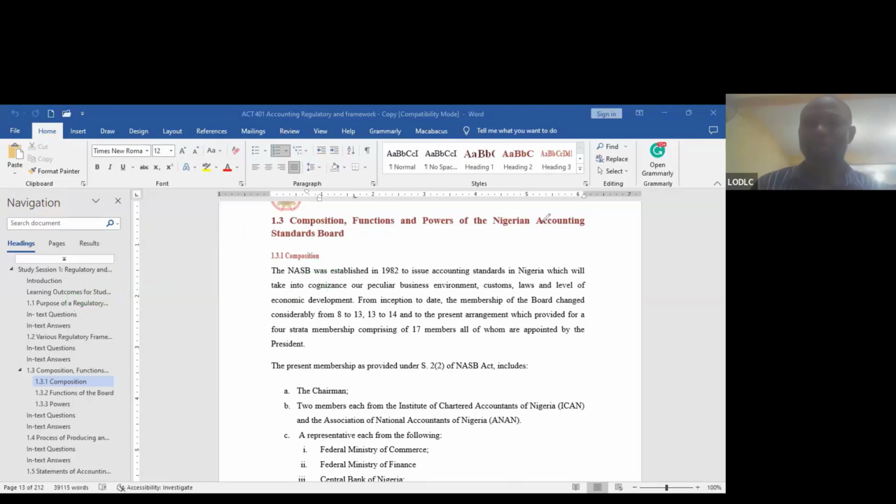So what I'm trying to pass across is the main purpose of harmonizing is just to provide a platform for wider investment choice, then to promote lower cost of capital. Do you understand? So it will help us to reduce our cost of capital, then to provide more efficient capital markets.